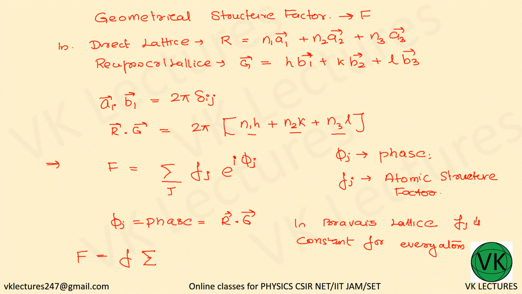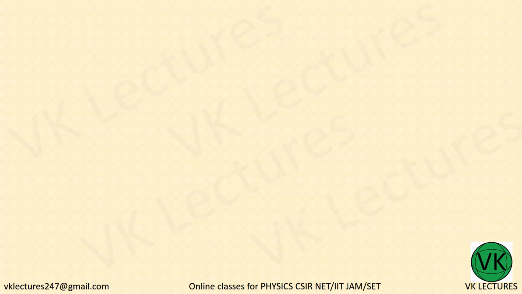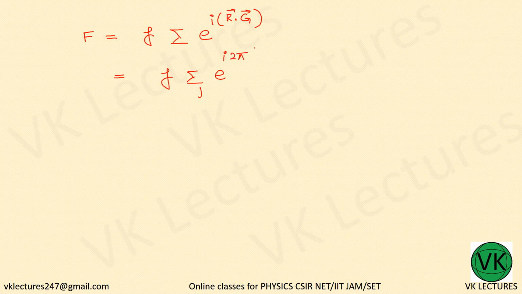So writing the geometrical structure factor, F is equal to f times the sum over e to the power i r dot g, that's equal to f times the sum over j of e to the power i times 2 pi times n1 h plus n2 k plus n3 l.